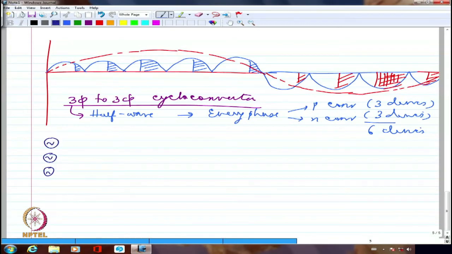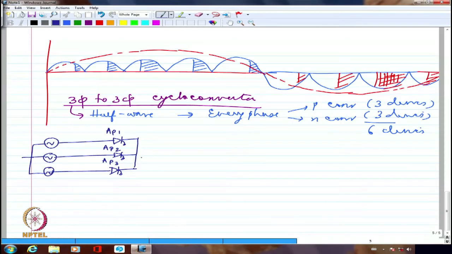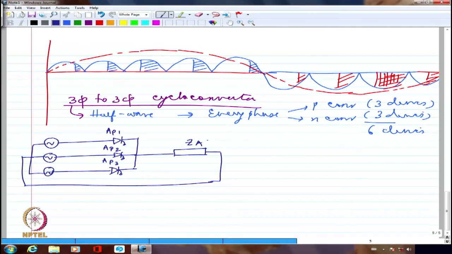So these are the 3 phases and I am going to have 1, 2 and 3. So I should say P1, P2, P3 corresponding to A phase. Right? And I will also have the neutral, of course, and from here I have to connect it to, so this is ZA. Right?